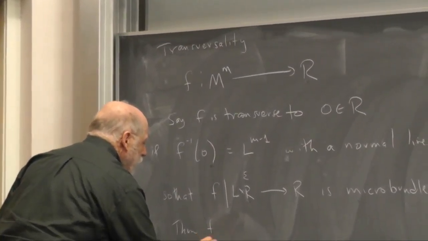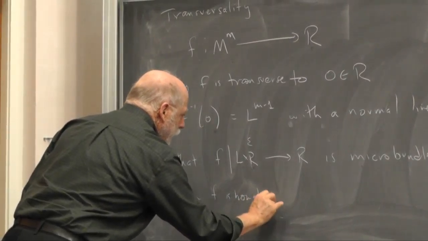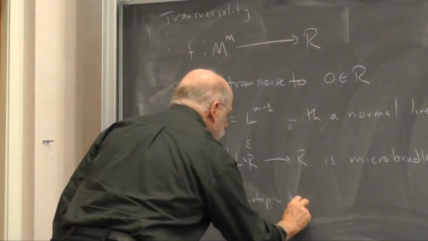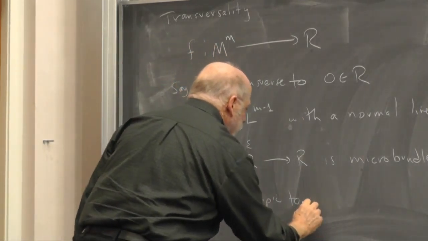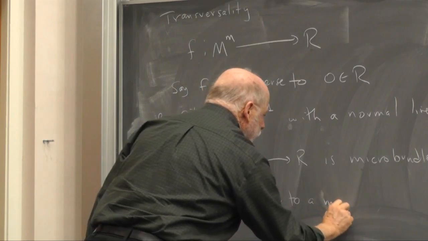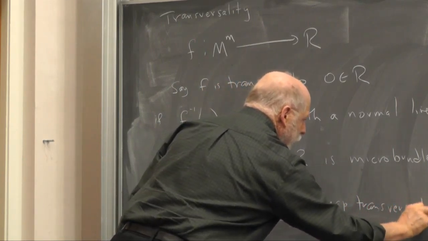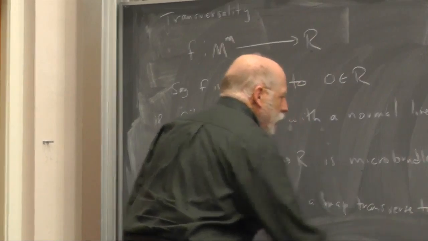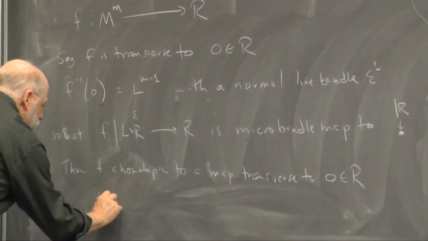F is homotopic to a map transverse to 0. So, starting off with just F, F is homotopic to a map transverse to 0, plus a relative version.